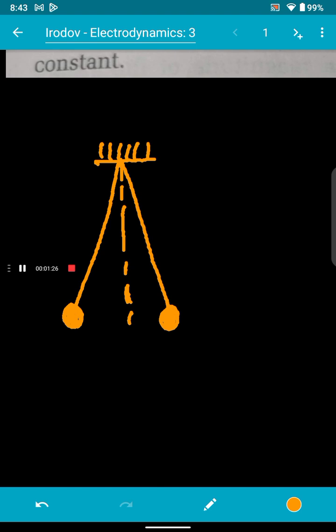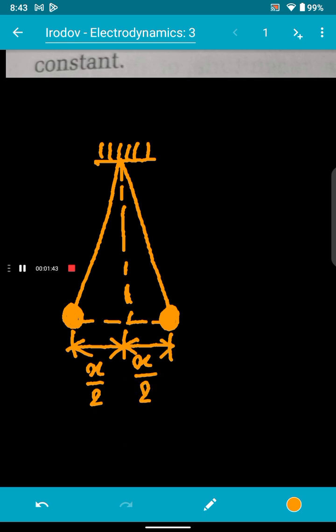The distance between them is x, so this is x by 2 and this is also x by 2. So the whole thing is x, and this vertical length, since x is very small compared to L, we can say that this is L.